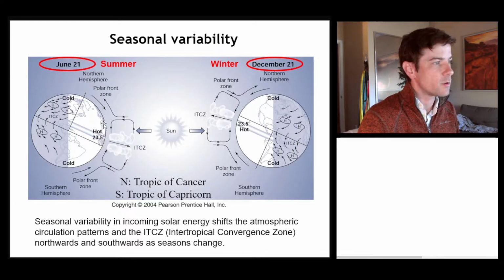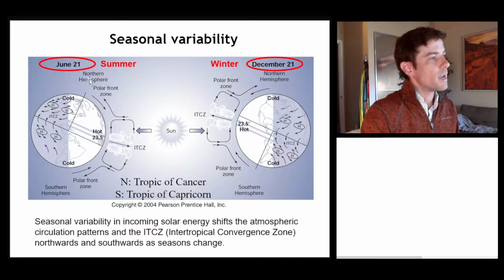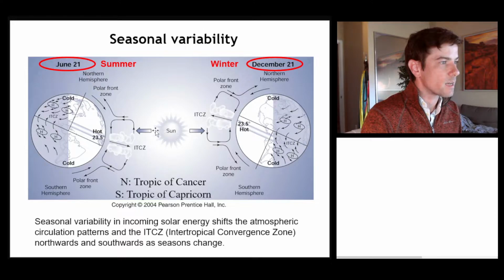And that is to say that the northern hemisphere is actually tilted, the axis rather, the North Pole really is tilted toward the sun. June 21st is the summer solstice, or the summer solstice in the northern hemisphere at least. And what that represents is the day at which this perpendicular path of solar radiation is the furthest north that it ever gets.